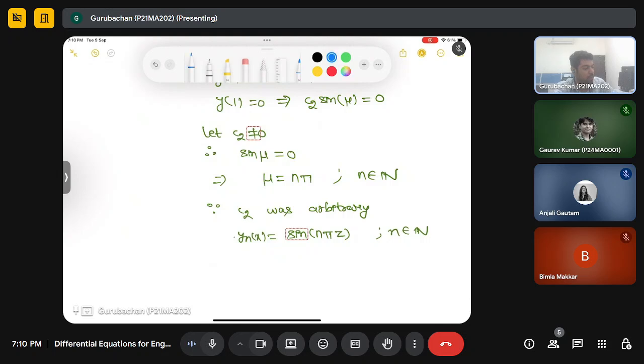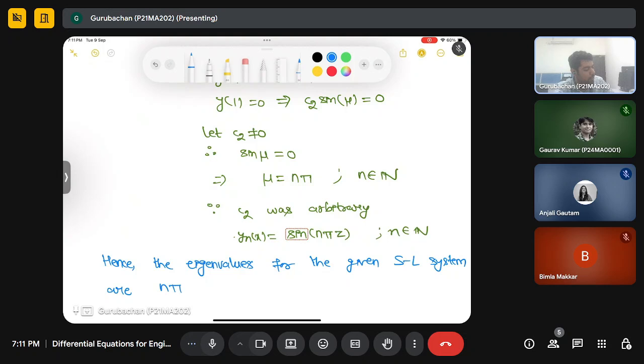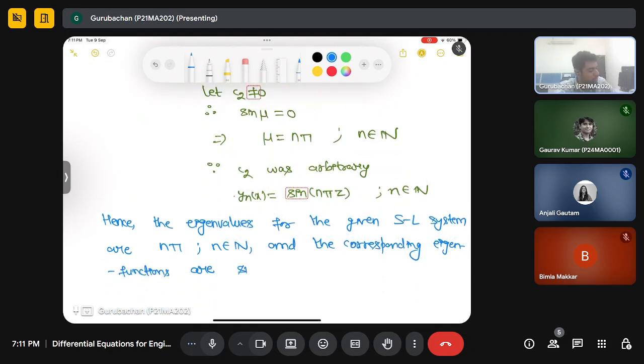So again, now hence the eigenvalues for the given SL system are n pi, where n is some natural number, and the corresponding eigenfunctions are sine.